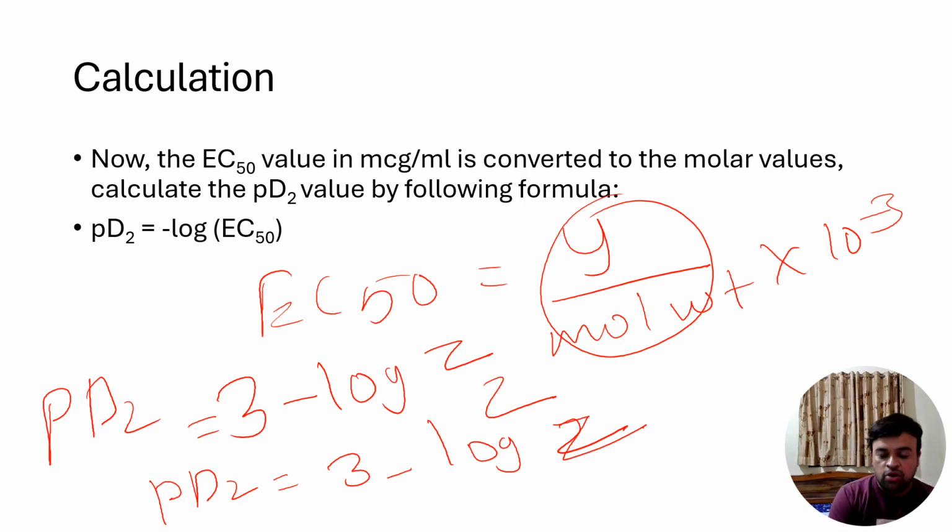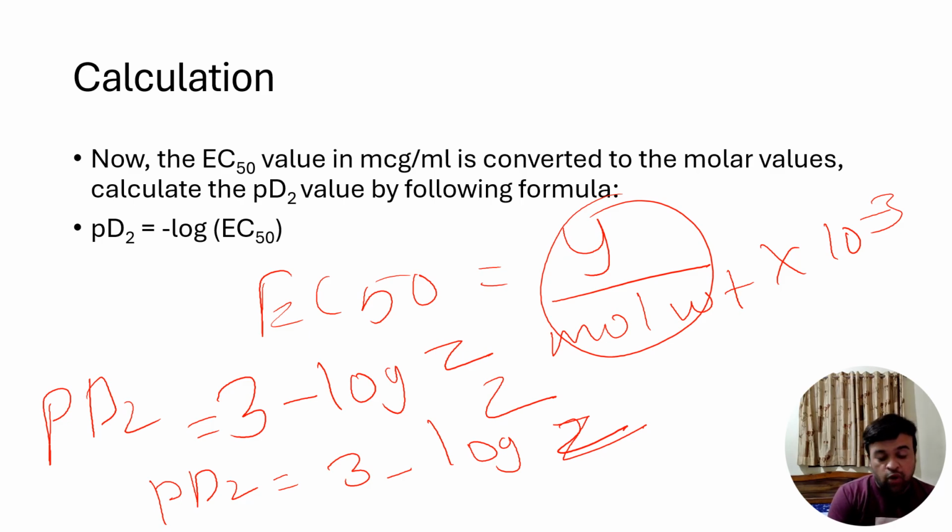You plot the points, then you get a best fit line, and from the y-axis value, that is 50%, you interpolate to the best fit line, and from that you extrapolate to the x-axis. So you will get a log dose value. Take the antilog of that log dose value, then you will get the value x.